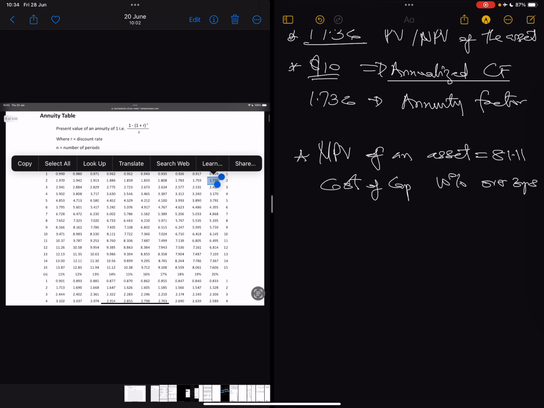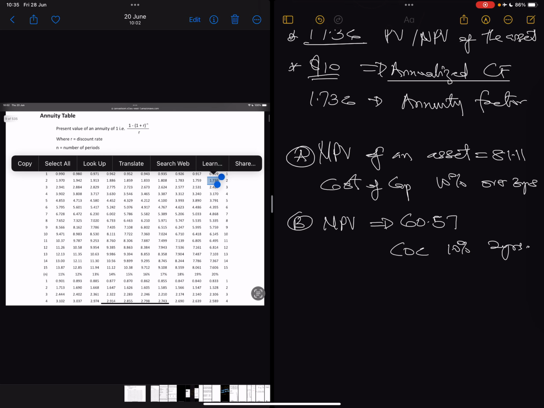This is asset A. And let's say you have asset B. NPV is 60.57. Cost of capital 10%. However, this asset's lifespan is just 2 years. If I ask you, which asset should the company invest in?